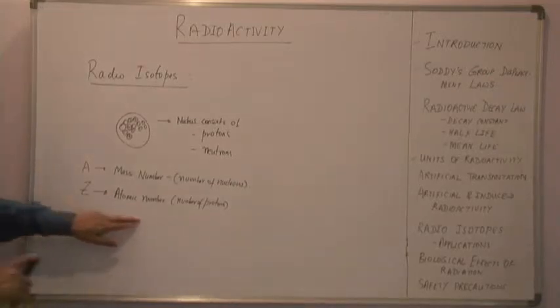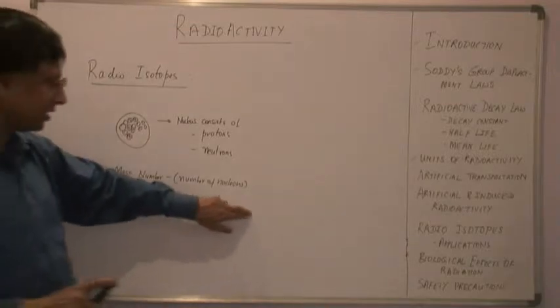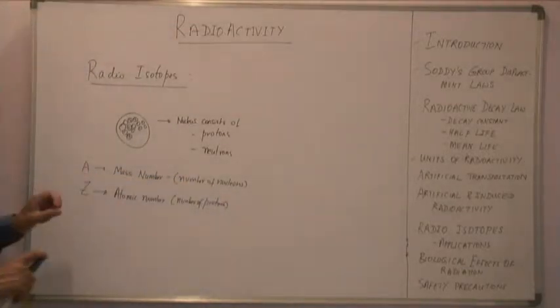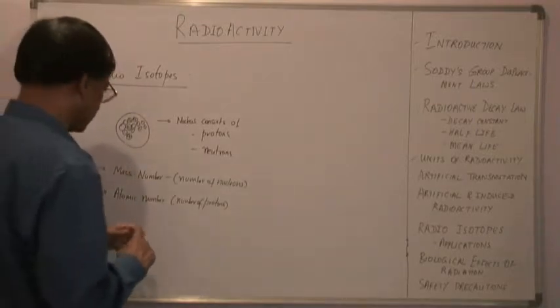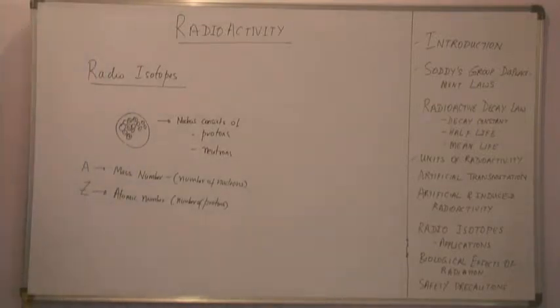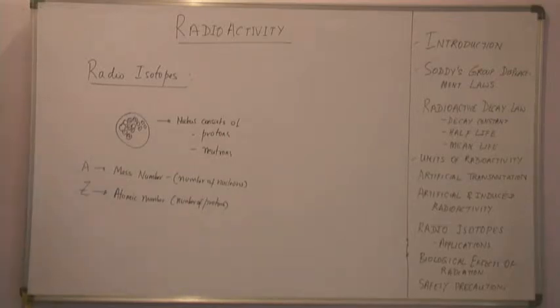Now it is this number of protons and effectively the number of electrons that decide the chemical property of a material. If I have two elements which have the same atomic number but different mass number, such elements are called isotopes.